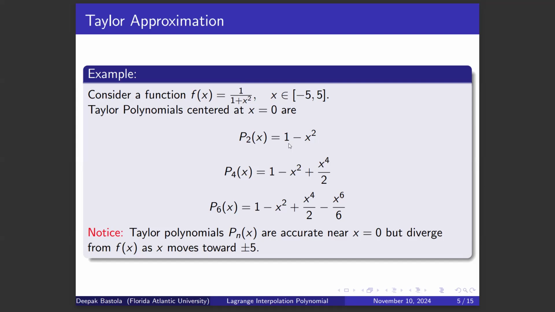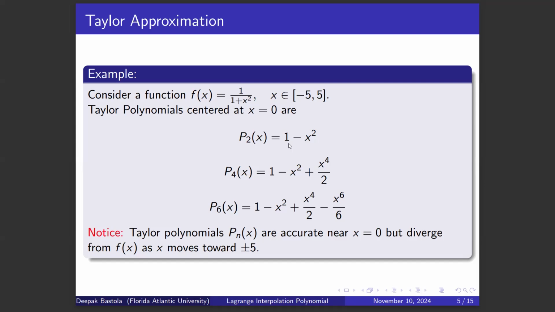But if you try to be further away from the center, x equals 0, if you apply not 0 but 1, then what do you get? The original function becomes 1 over 2, which is 0.5, but the second degree polynomial becomes 1 minus 1, which is 0. It's not the same. You are getting 0.5 and you don't have the exact value now.